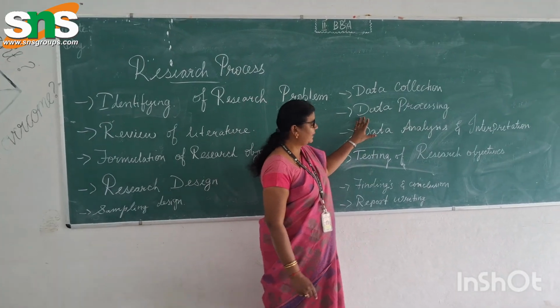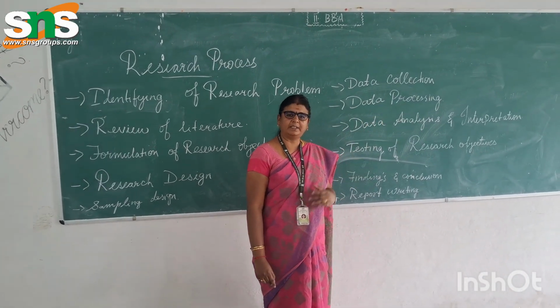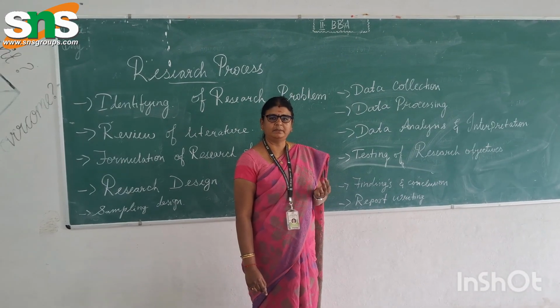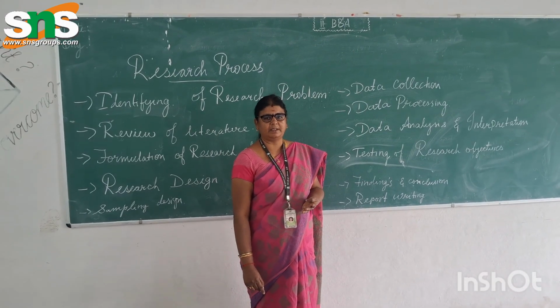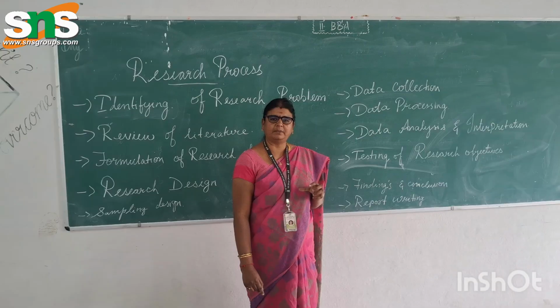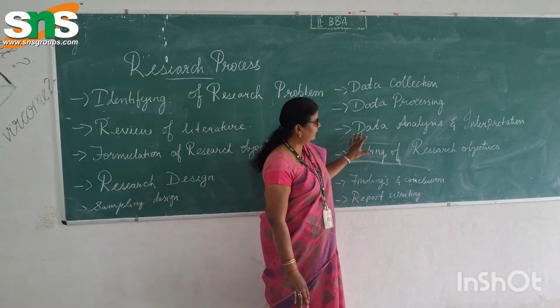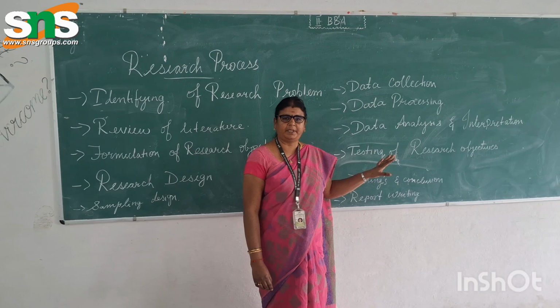The next one is data processing. After collecting the data, we do coding, editing, tabulating, and statistical analysis. That comes under data processing. The next one is data analysis and interpretation.